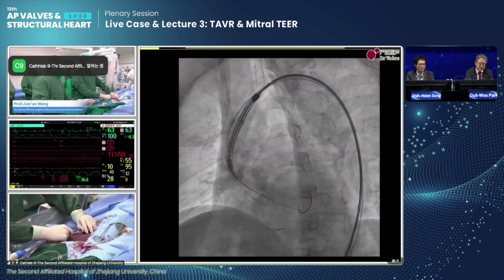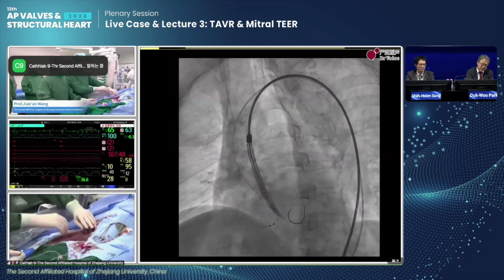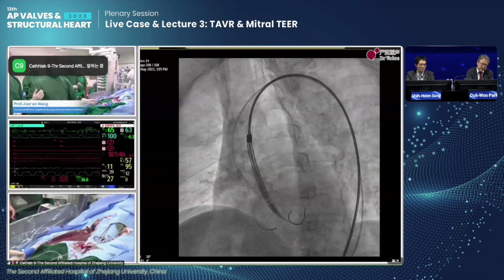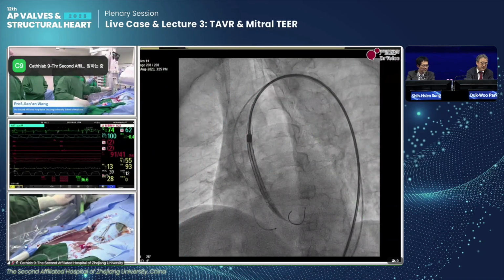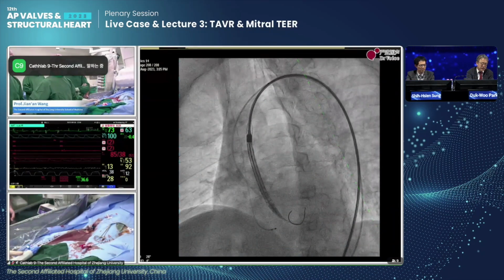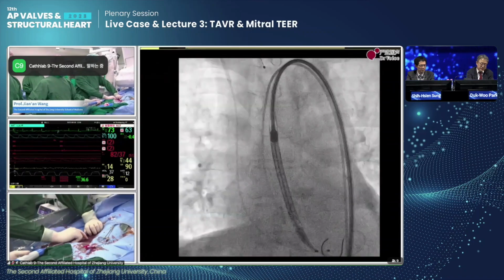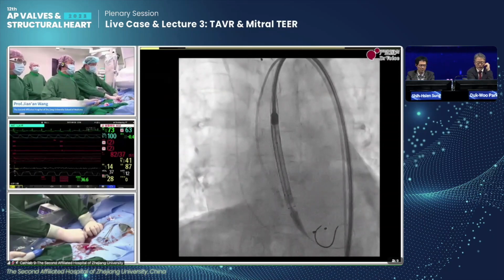Okay, good. So now we are going to achieve the cusp overlap view, the right coronary cusp view.